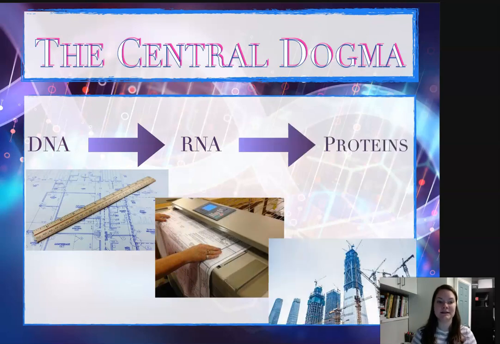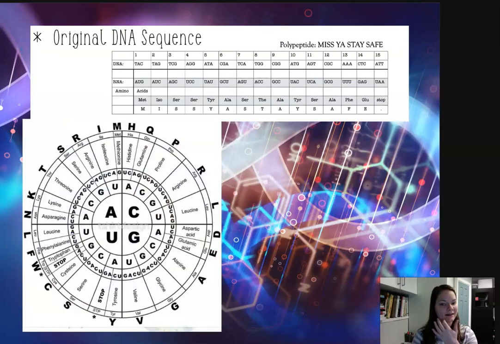Central dogma: DNA to RNA to proteins, right? Okay, so DNA acts as our instructions for making these various proteins. And last week we looked at a DNA sequence right here that then can be transcribed into RNA and translated into a protein.